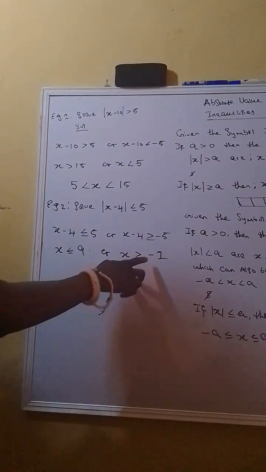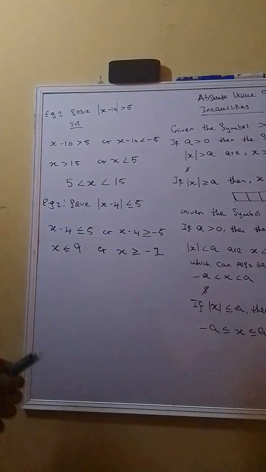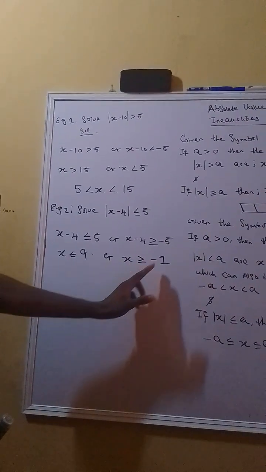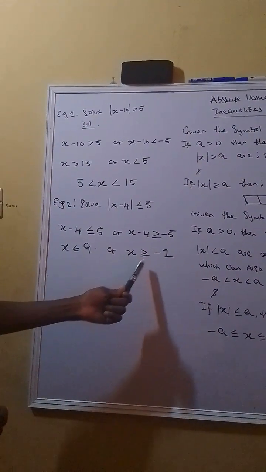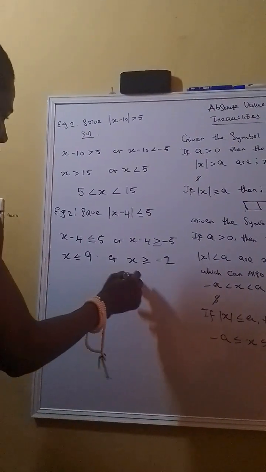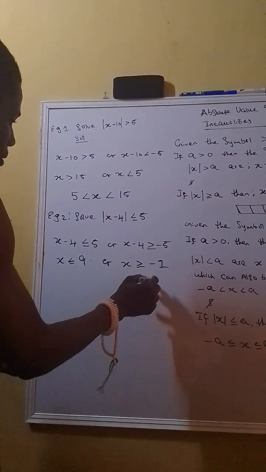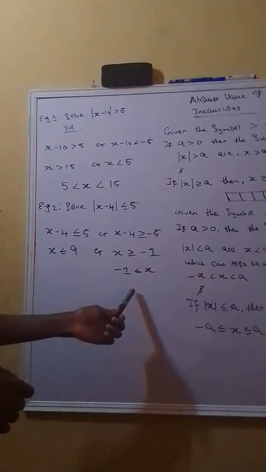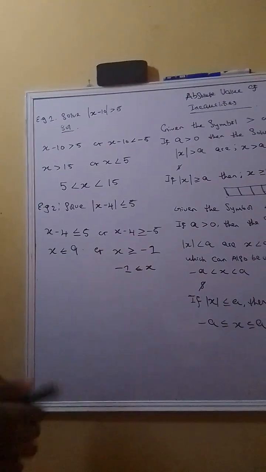Now let's settle the negative 1 first. Minus 1, x is greater than negative 1. Now if x is greater than negative 1, it can be written back as minus 1 is less than or equal to x. We can make it look like this, so that whenever you are dealing with it, you will not have any issues.